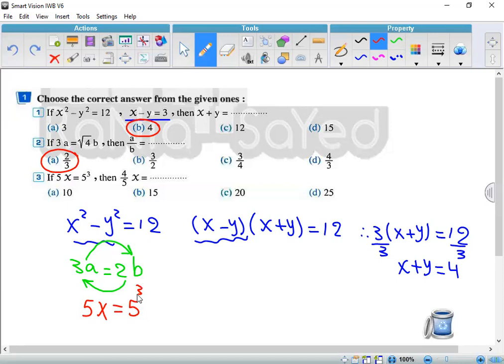When we want to find the value of x, we can divide by 5 on the two sides. Then x equals 5 power 3 over 5 equals 5 power 2, which means x equals 25.